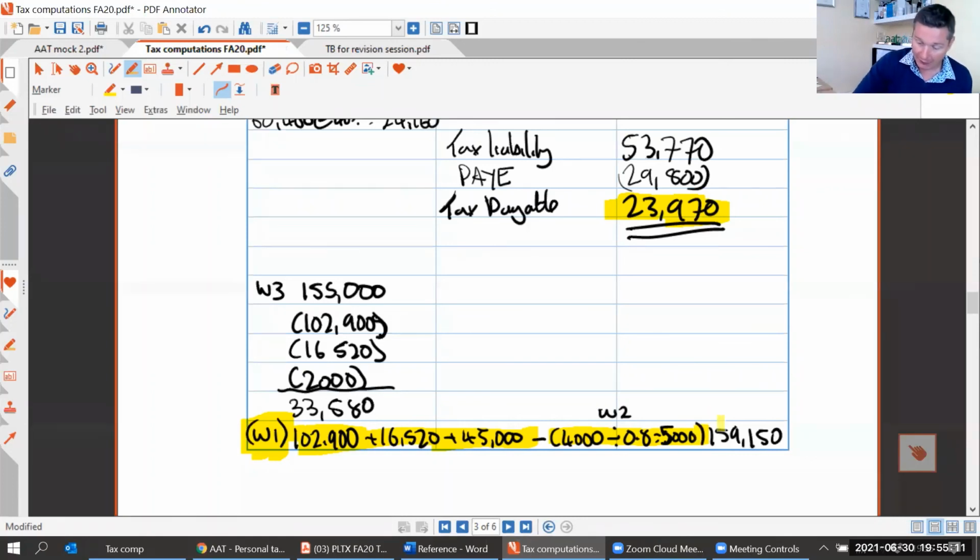So that gives us a figure of 159,150. Is that over £100,000? If so, we reduce the personal allowance by £1 for every £2 that is over. Clearly, that's way over, so that reduces 12,550 down to nothing. Cool.